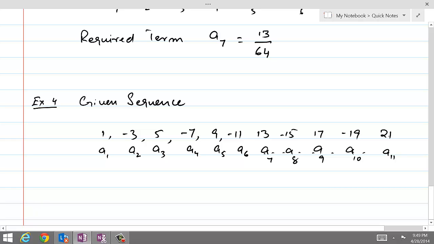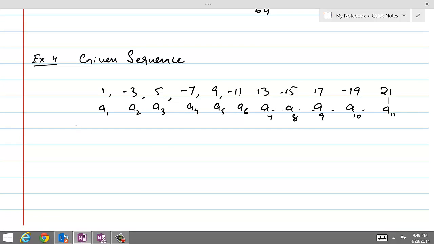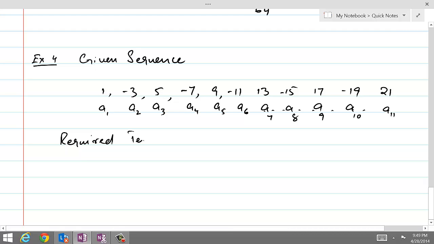So this is just a matter of observing or investigating the terms of the sequence, what pattern they are following, and then according to that rule you can write any number of terms required. So here the 11th term, A11, is equal to 21.